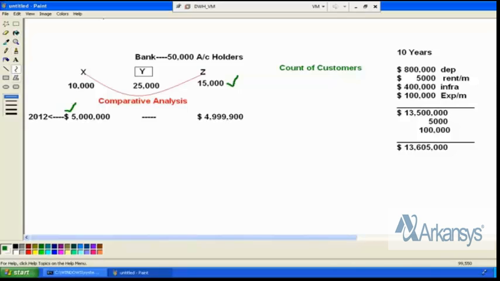Means here you have performed something called a comparative analysis between revenues of X and G, and you came to know that X location is having higher value, and that's the reason you are saying that X is the best. But how much difference is there between these two? Only $100.